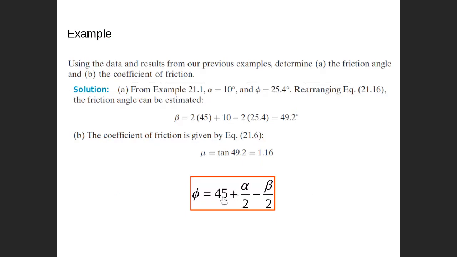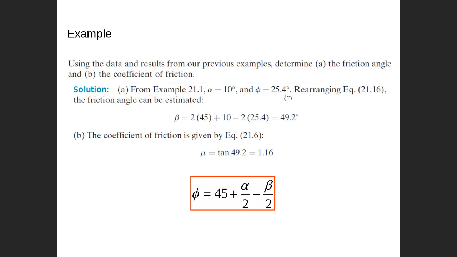Now let's have an example. Using the data, you can obtain any angle as a function of the others. Using the data from the previous example, determine the friction angle and the coefficient of friction, μ. The previous data gave α equal to 10 degrees and φ equal to 45.4 degrees.